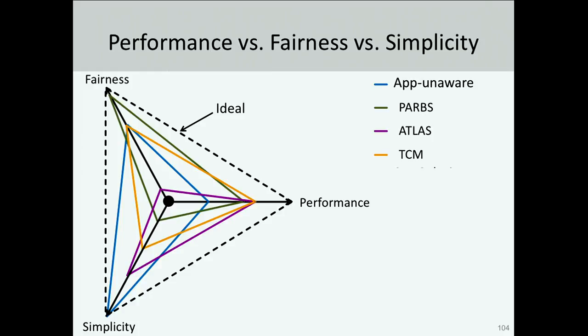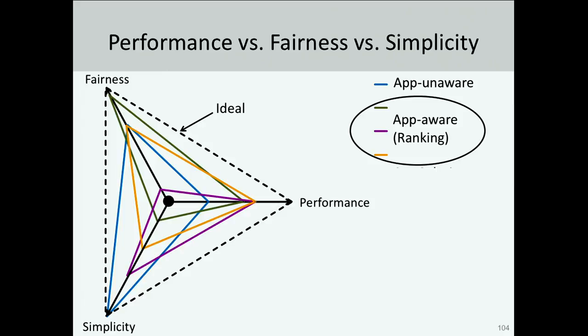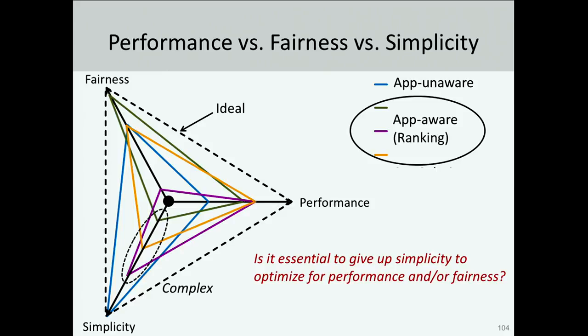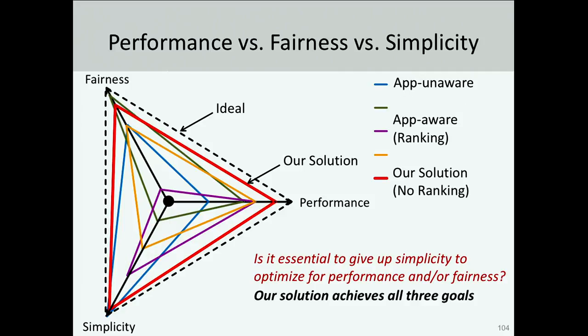But some components of PAR-BS are actually really simple. Basically these are application aware, and they all do ranking. And they're all complex. So the key question is: is it essential to give up simplicity to optimize for performance and fairness? And the answer is no, at least for the workloads that we've evaluated.